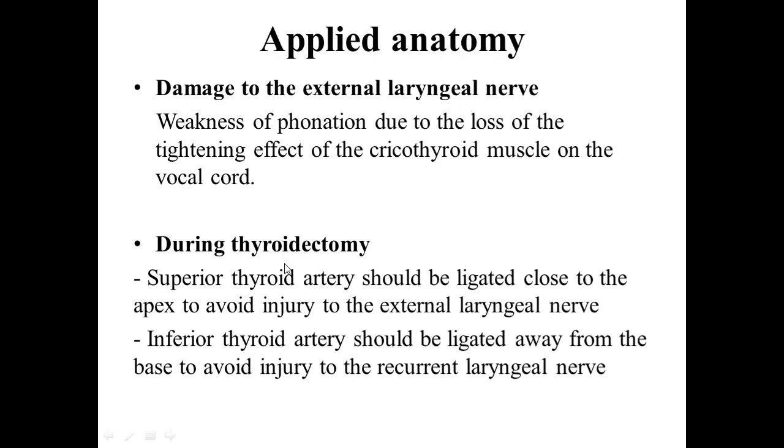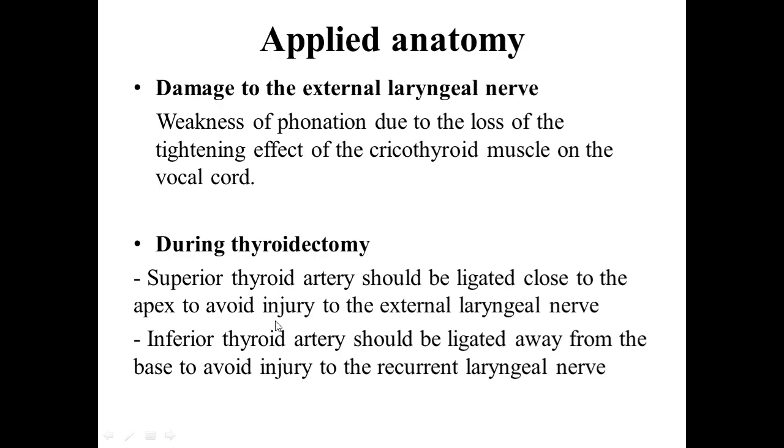Now damage to the external laryngeal nerve. External laryngeal nerve supplies the cricothyroid muscle. So if there is injury to the external laryngeal nerve, there is weakness of phonation due to loss of tightening effect of cricothyroid muscles on vocal cord.